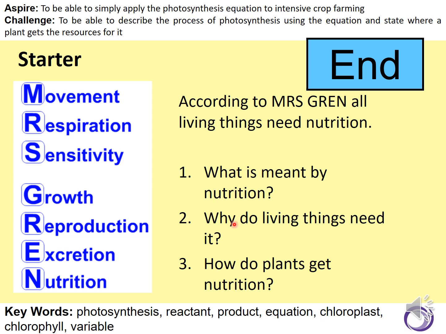Because they require it for respiration, which is up here, but they also require it for other life processes such as growth, for example. How do plants get nutrition? Well, we're going to develop that in a second, but plants have structures, for example, roots and leaves, which are part of this process of gaining nutrition through photosynthesis.